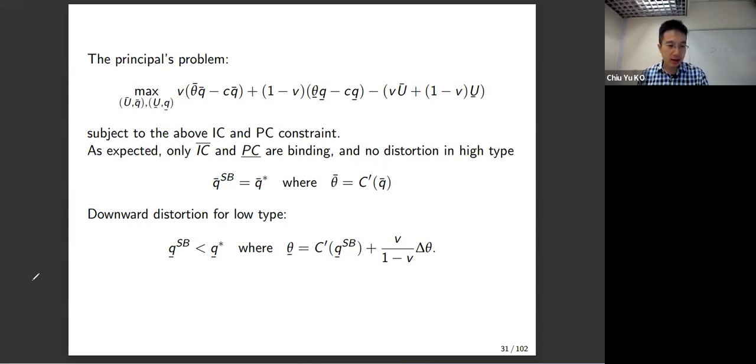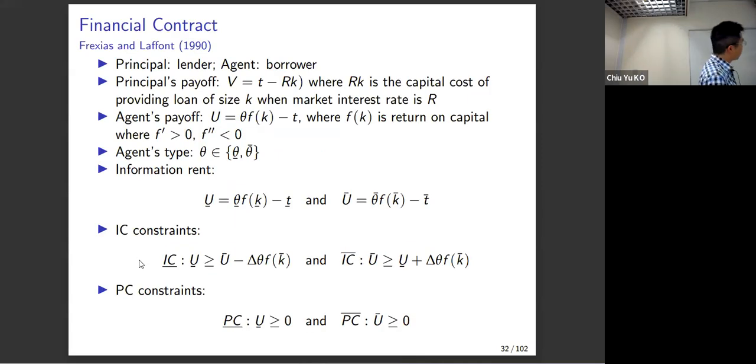And lastly, as I said, is the financial contract, right? You have the lender, right, and then the borrower, okay? And for the lender, the payoff is very easy, right? The lender is going to lend K units of money, okay, and ask for a return of T. You can imagine this is maybe a hedge fund, okay?